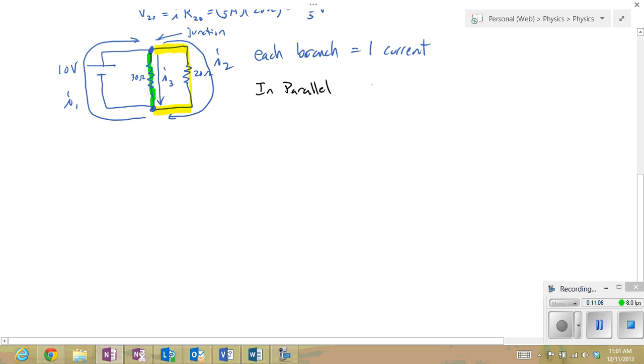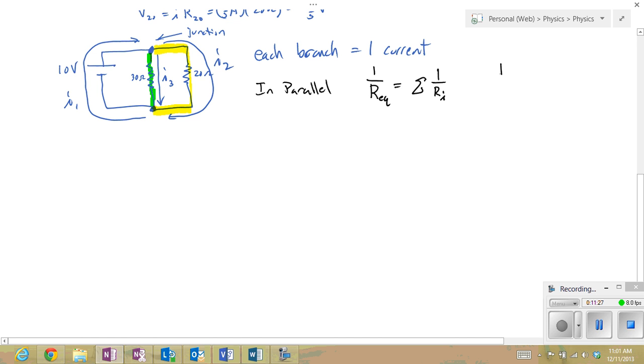And the rule is that the equivalent resistance is equal to the sum of the inverses of the individual resistances. This is a much more complicated situation. Here we're adding reciprocals, and the result is the reciprocal. So make sure that you don't invert this equation ahead of time.